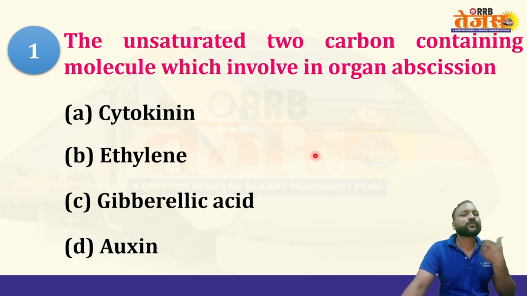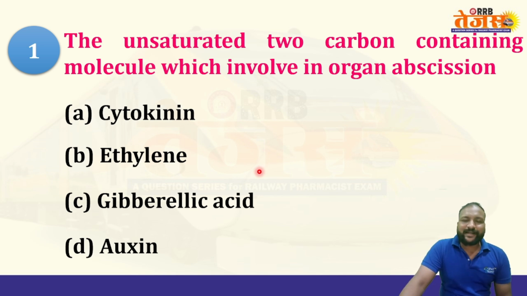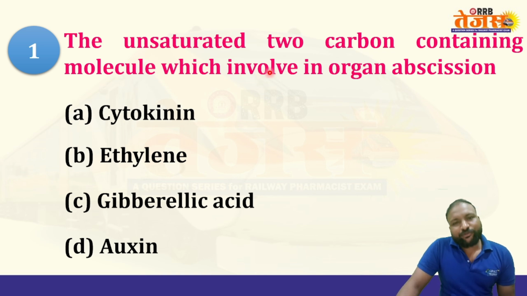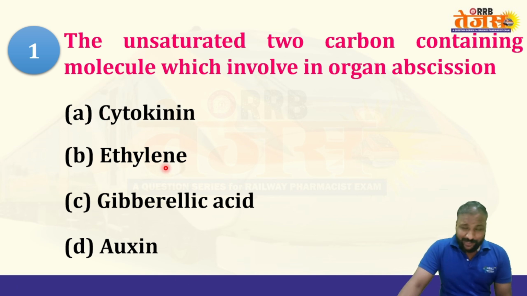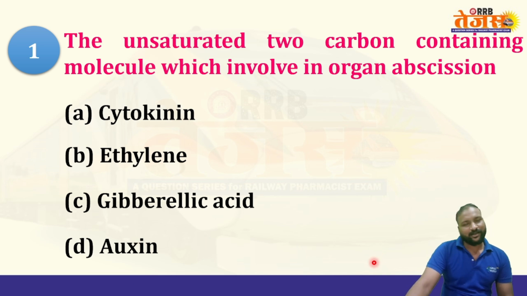So in the plant hormones, what will be the two carbon containing molecule? You can simply choose the right answer by careful reading. Among the four options, cytokinin, ethylene, gibberellic acid, auxin.